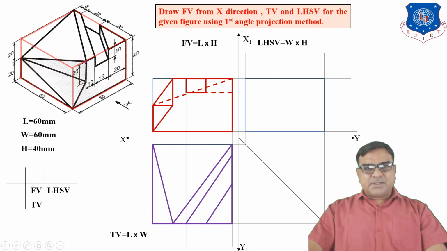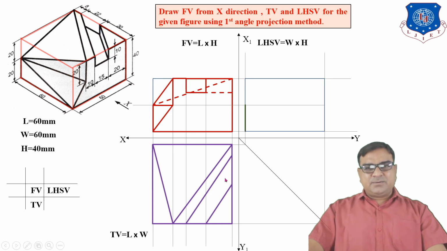Now for this line, the top view is here, and the surface is perpendicular to HP. This line and this line are both in the same plane, which is perpendicular to HP. So this line represents the top view of both lines, meaning this surface. This is the top view for the back surface. Okay, so almost the top view is ready.